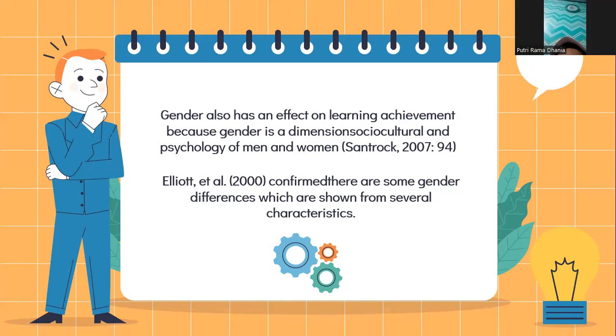So it is clear that gender is a psychosocial aspect of being male, masculine, and female, while sex is biologically female and male. Thus, gender differences are considered one determinant that can influence learning achievement. Therefore, our research question is, is there a relationship between gender factor and grammar learning outcomes between male and female students? Okay, the next one.